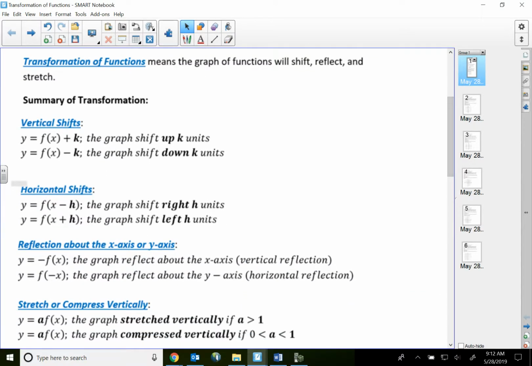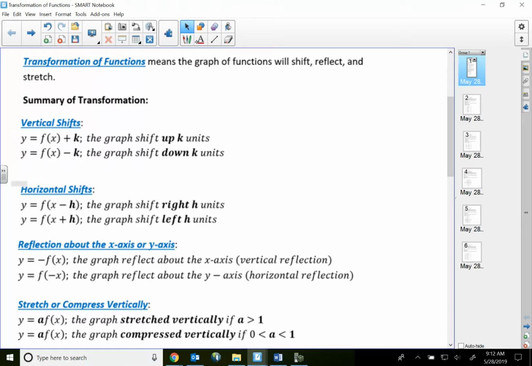Here are the summaries. Vertical shift. If you have a function y equals your function plus k, if it is a plus or minus a number located outside of your function, then the graph will shift up k units or shift down so many units.